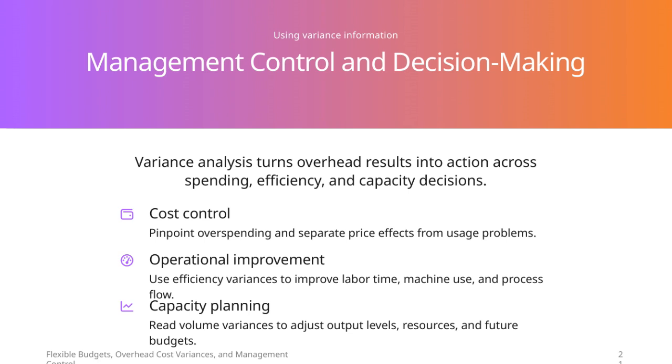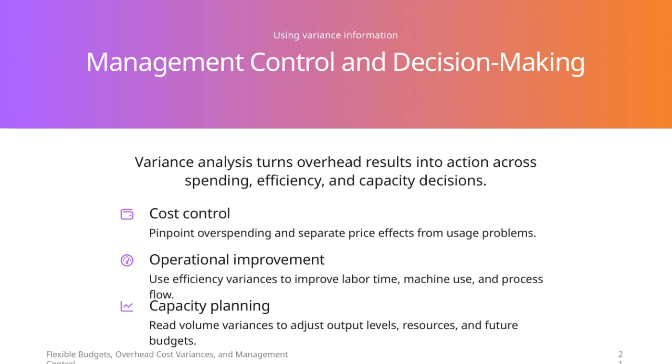By analyzing these, organizations can identify opportunities to enhance labor utilization, optimize machine use, and streamline process flow, ultimately improving overall productivity. Lastly, capacity planning is informed by reading volume variances, which guides adjustments to output levels, resource allocation, and even future budget planning. This ensures that resources match the operational demands effectively.